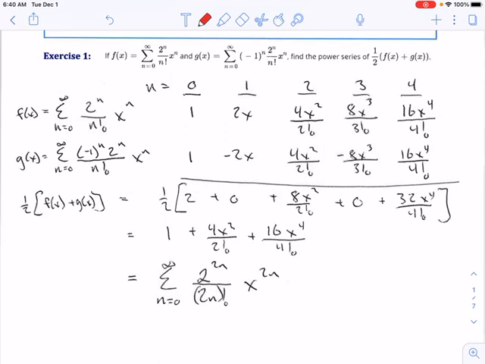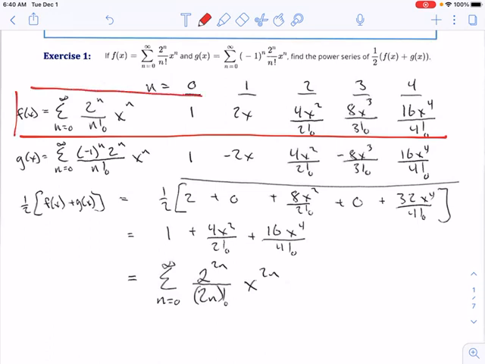So to do that, we have to begin by listing out some of the terms, because we don't actually know what f of x is. We don't actually know what g of x is. So let's expand out some of the terms. That's what I did here with f of x.